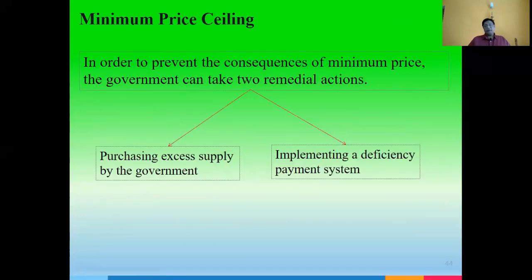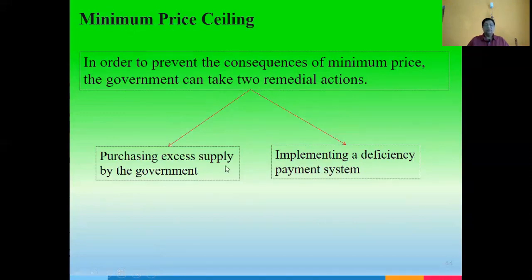In order to prevent the bad consequences of minimum price, the government can take two remedial actions. One is purchasing excess supply by the government, the other is implementing a deficiency payment system.